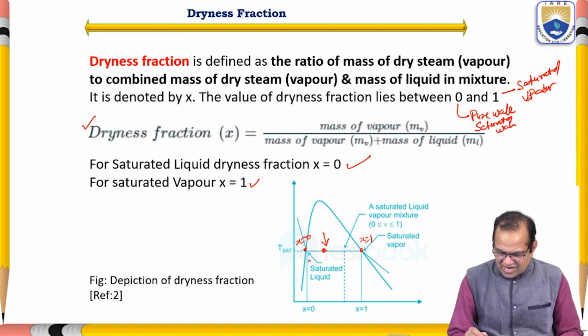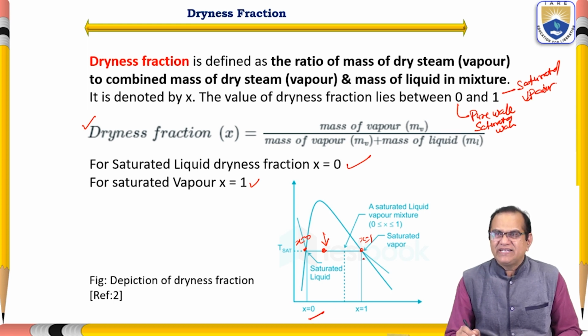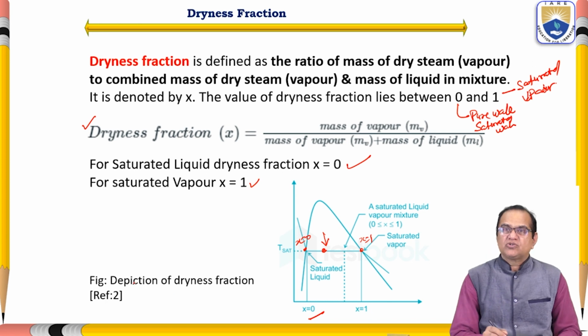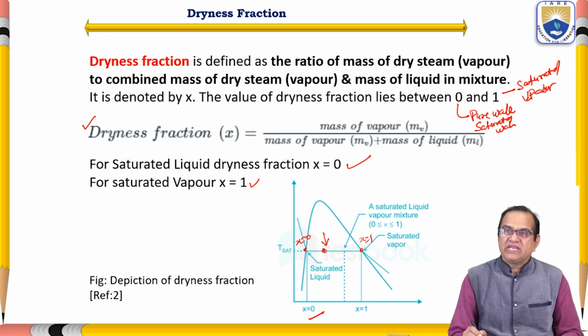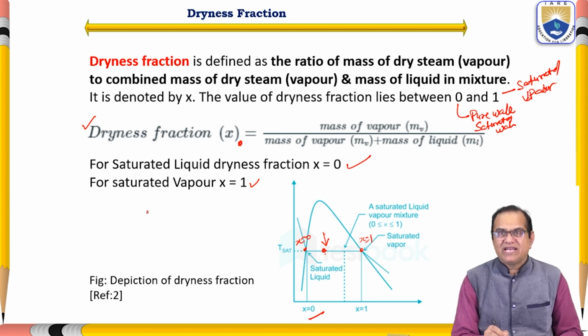Here it is called the saturated liquid, and here x is equal to 1, the saturated vapor. You can find x with this equation: x is equal to mv divided by mv plus ml, where v is the vapor and l is the liquid.